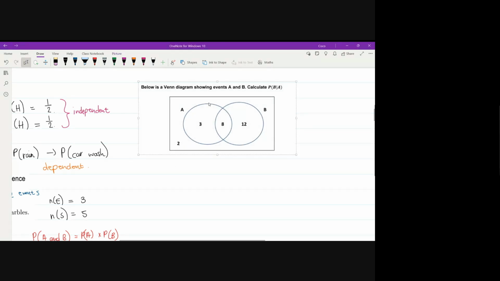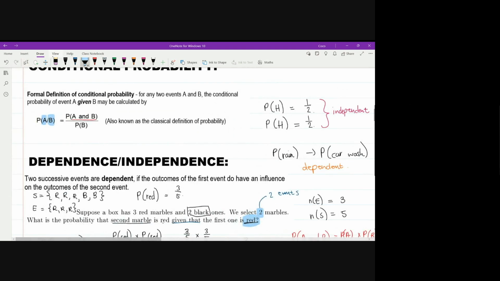All right, so it says, below we are given a Venn diagram showing events A and B. Calculate the probability of B given A. We need to be very mindful of the order in which they've given this to us, because the equation that we have for probability says the probability of A given B. So if we rewrite this formula for B given A, the probability of B given A is going to equal the probability of A and B, that part is not going to change, but instead of being over the probability of B, it's going to be over the probability of A. Thumbs up.